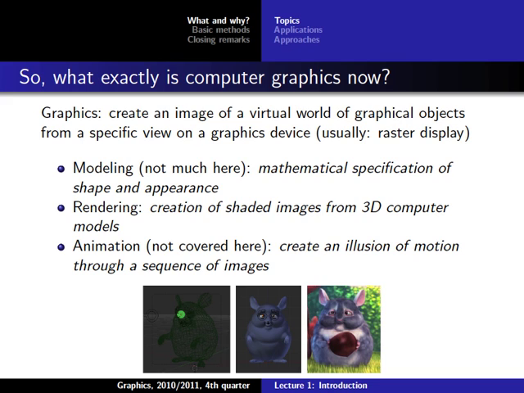The technical terms that I use for this are modeling and rendering. Modeling is basically creating a description of a 3D world or a 3D scene in a language that a computer can understand, which basically means some mathematical specification.